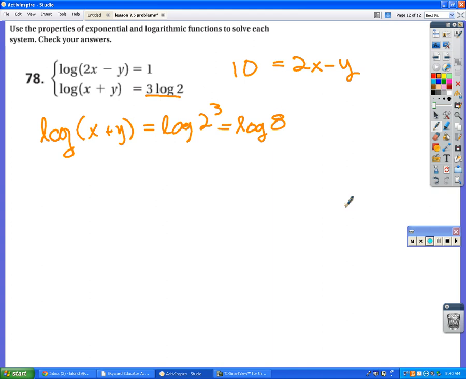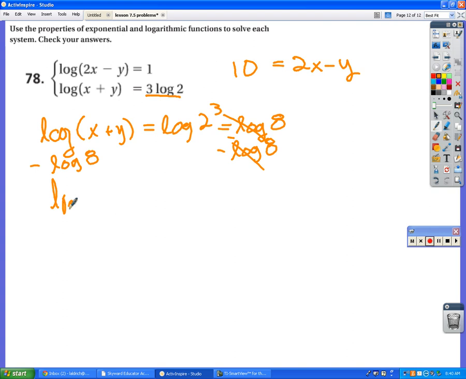Now you've got a log on both sides, so there's a couple different options that we could do with this. What would you like to try? You want to get them on the same side so we can combine them? Yeah. So if I subtract log of 8 from both sides, then these will cancel.